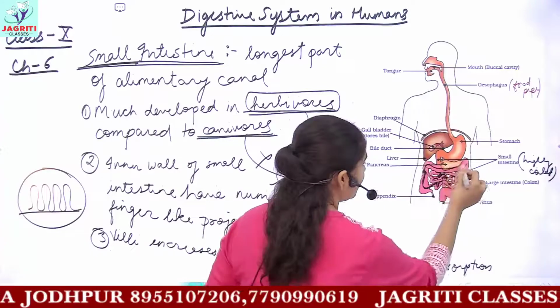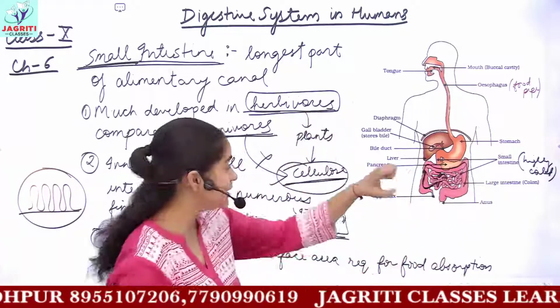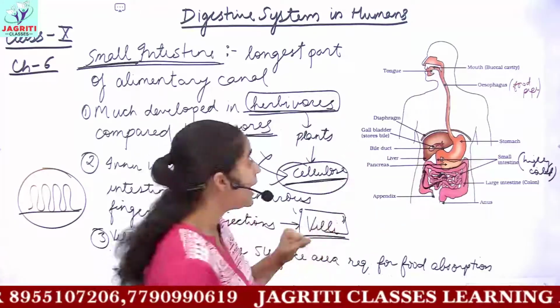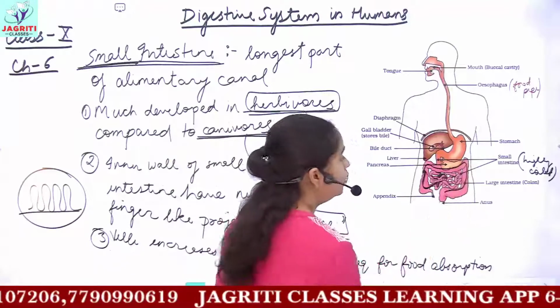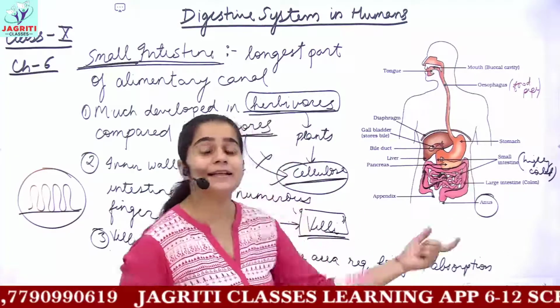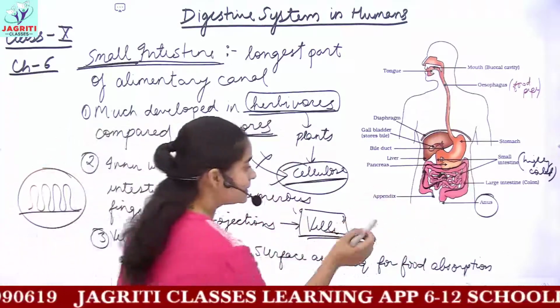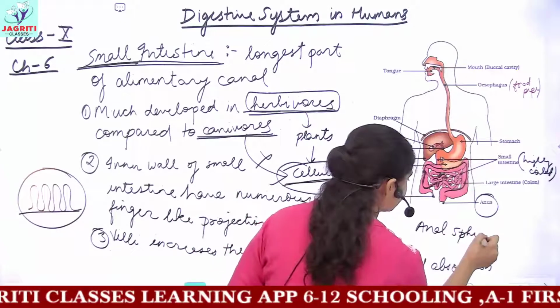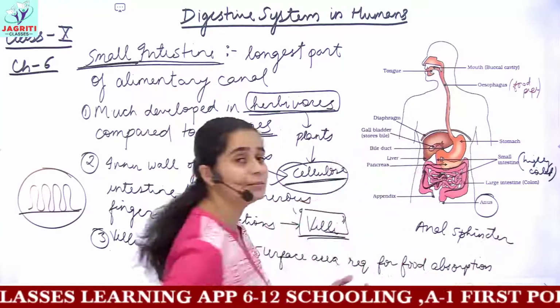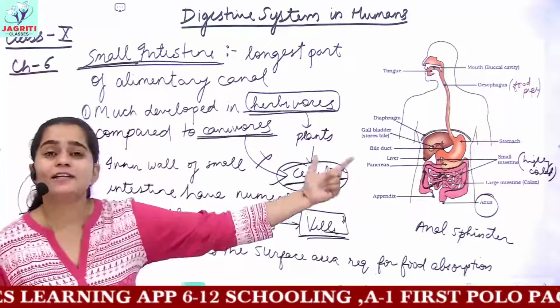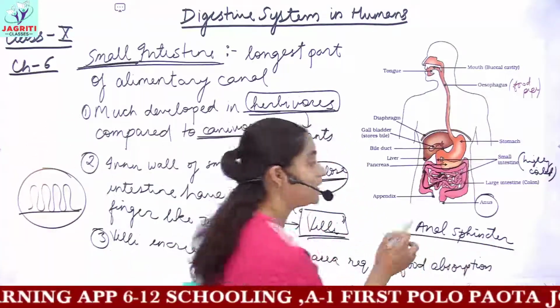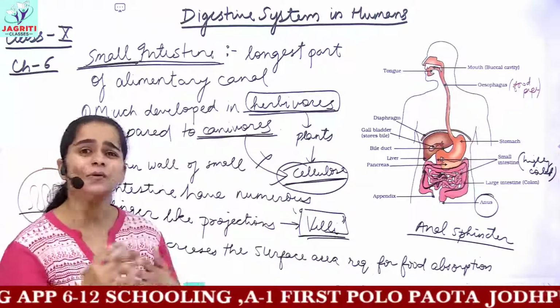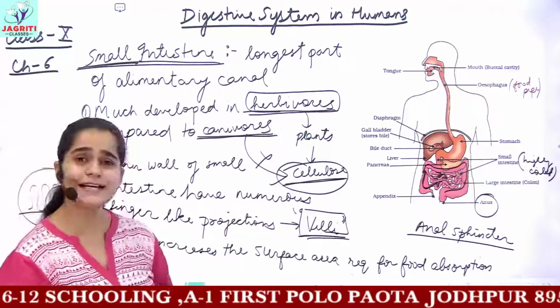Okay, so the waste, that is, all the water and essential components we have absorbed, and now we have the waste material which is excreted by the last part, that is the anus, and this is also governed by an anal sphincter. Like we had a muscular sphincter near our stomach, similarly we have an anal sphincter, okay, which is regulated. We'll deal with this in higher classes.